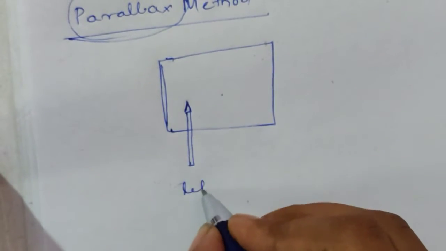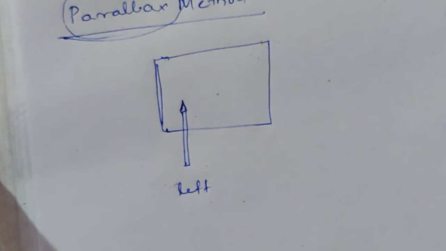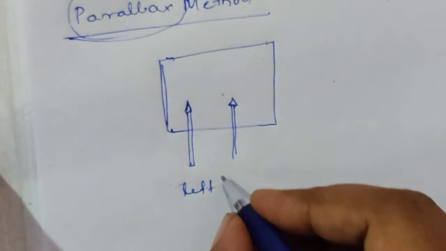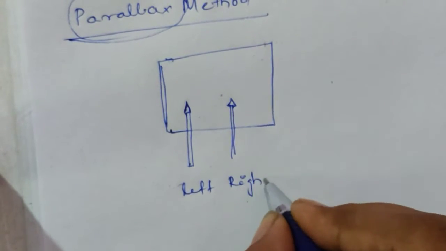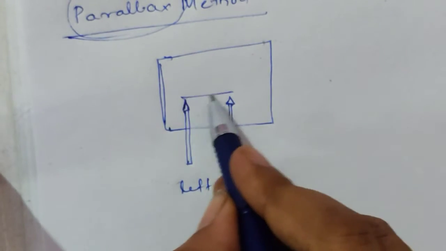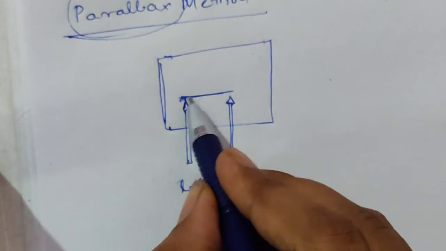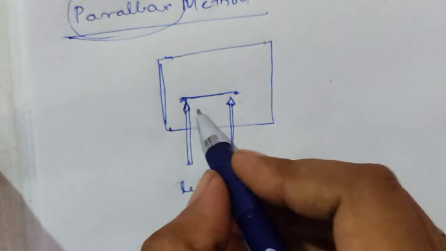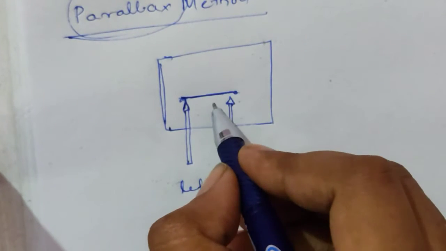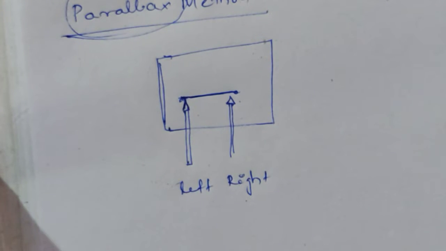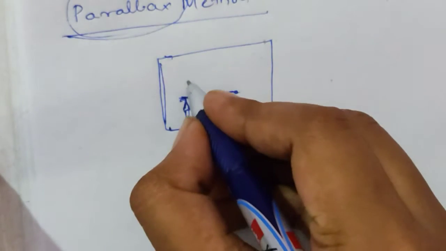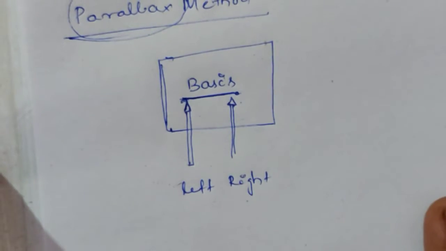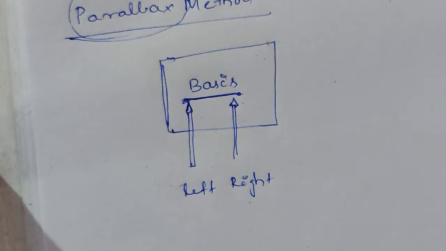Suppose this is the left eye position with the right eye closed, and this is the right eye position with the left eye closed. The shifting from this position to this position is known as parallax. And this apparent shift, the distance between the two positions, is known as the basis. Clear everyone?